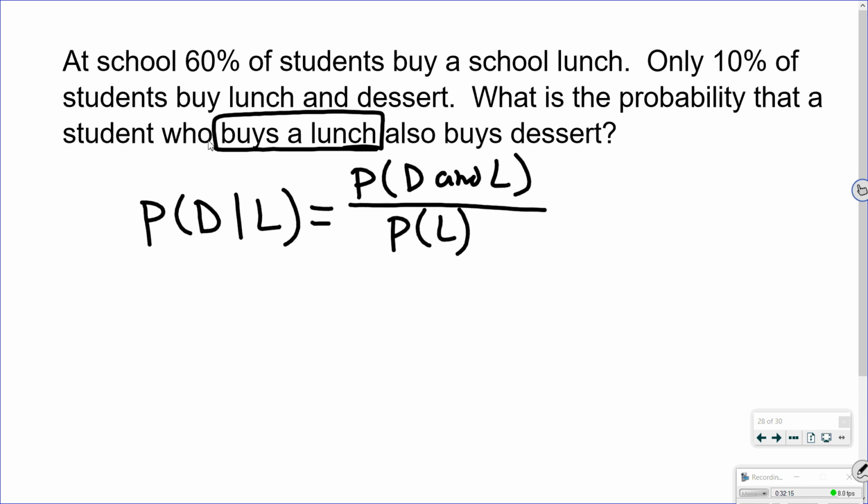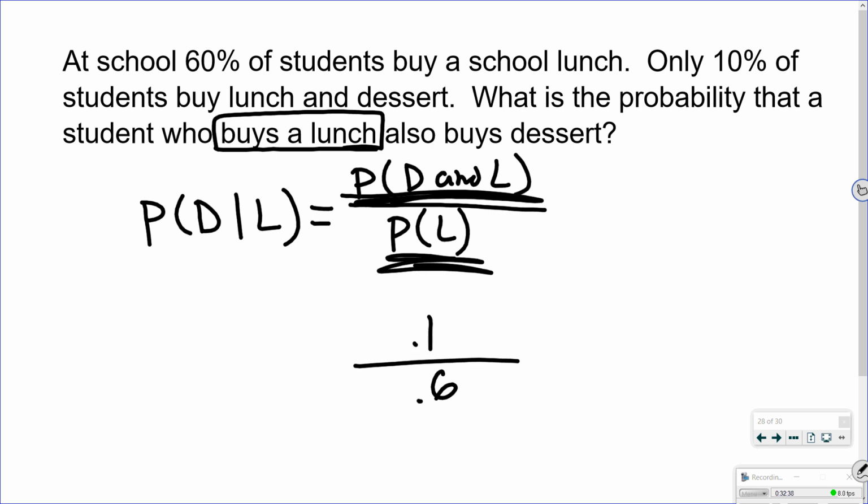It says, at school, 60% of the students buy a lunch. That's this right here. Probability, so that's going to be on the bottom. I'm going to write it as a decimal. 60% is 0.6. Right, that's the probability of someone buying a lunch. Only 10% buy a lunch and dessert. Hey, that's this up here. You bought a lunch and a dessert, both. So that was 10%, so that'd be 0.1.